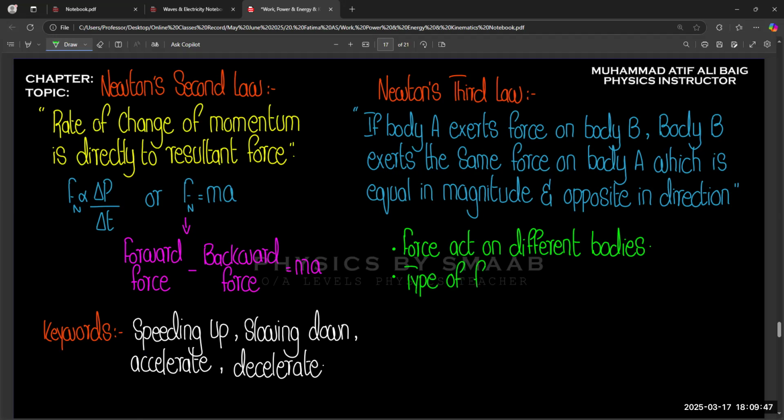Number two, type of force must be same. For example, if one force is due to gravity, the other force must be due to gravity. If one force is magnetic, the other force must also be magnetic, right? So it is important to consider the same type of forces on the body.